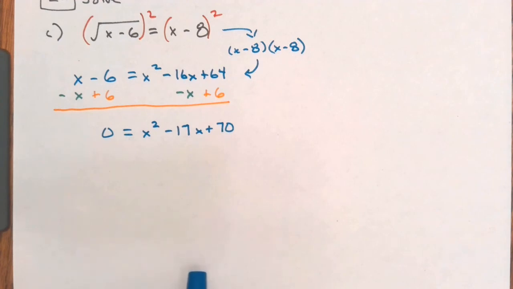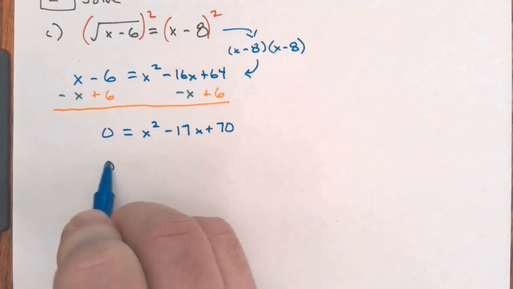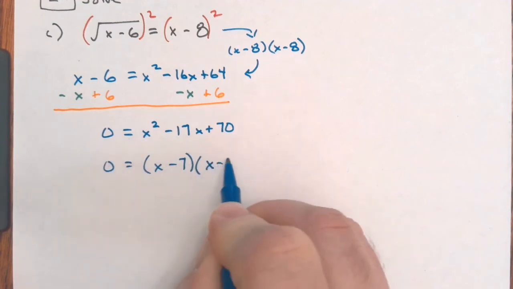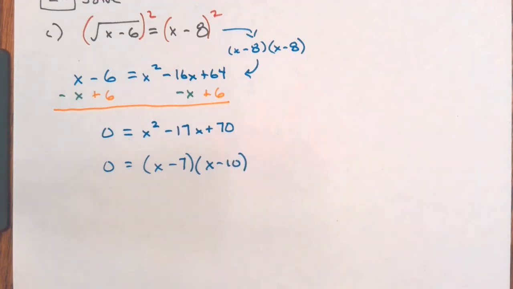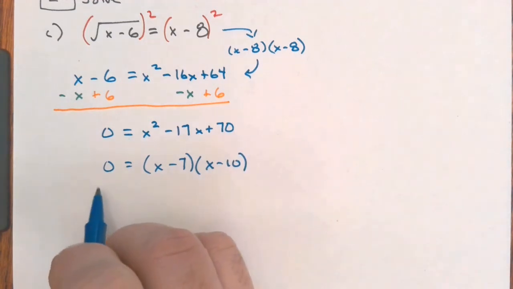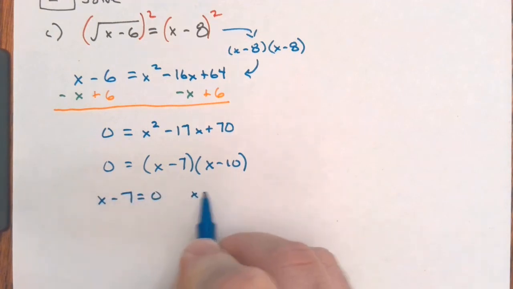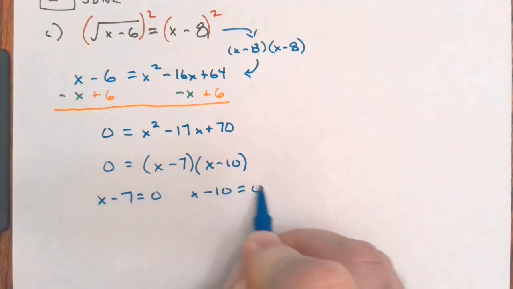Those 2 numbers would be negative 7 and negative 10, and I can use the shortcut to factor because of the 1 in front of the x squared. Then using our zero product property, I can break this up into 2 equations and solve.